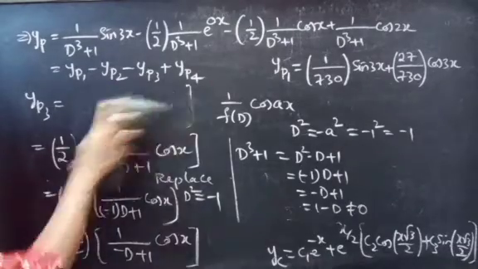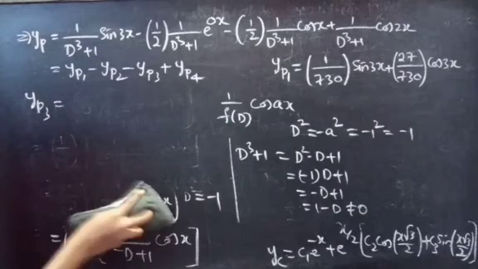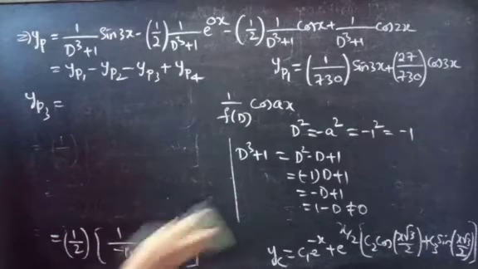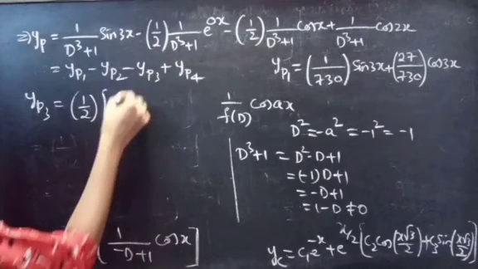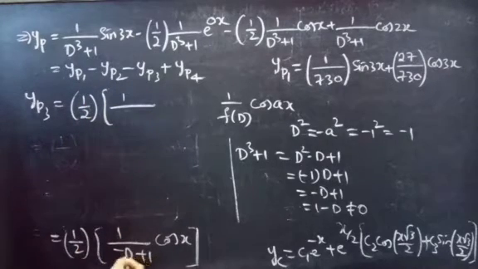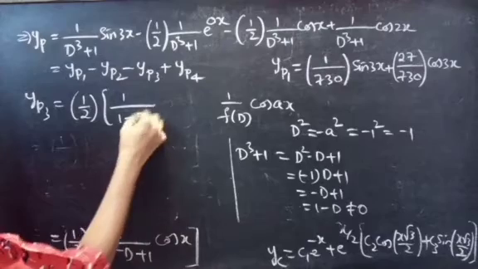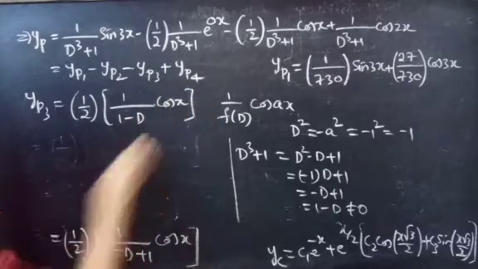Then yp3 becomes 1 by 2 into 1 by minus d plus 1, which can be written as 1 minus d, into cos x, right?